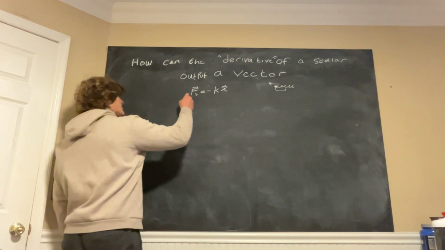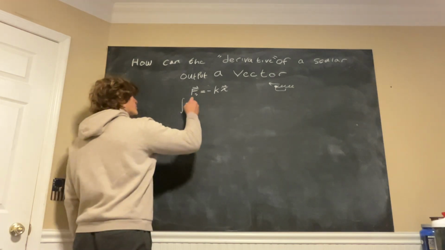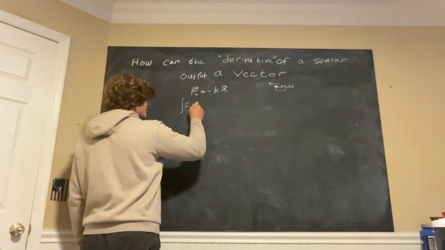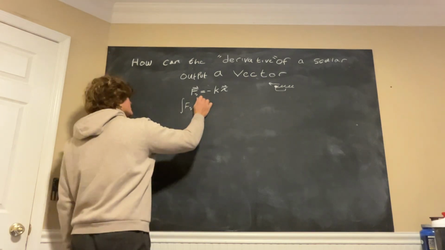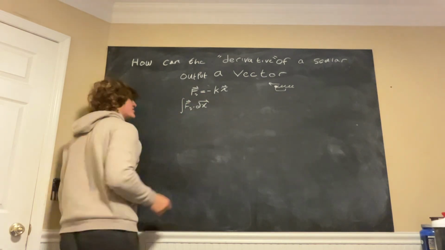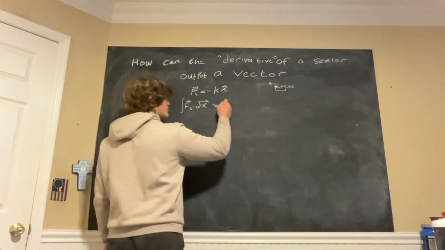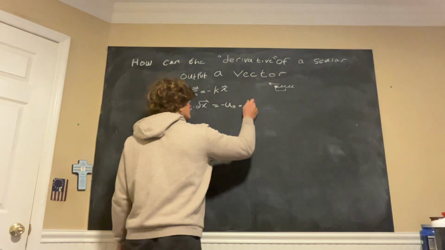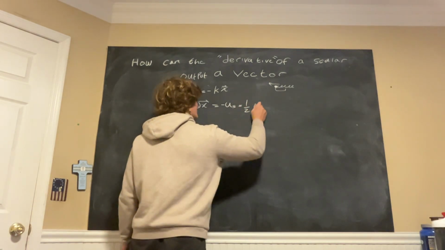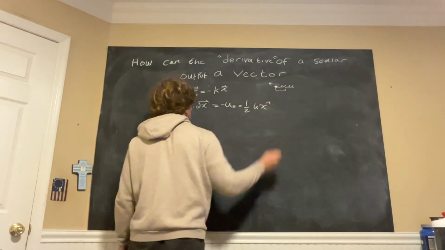We also know that the integral of force of the spring dot the derivative, or dot dx, in the x direction, these are both vectors, is equal to our negative potential energy of the spring, which is equal to 1/2 kx squared.